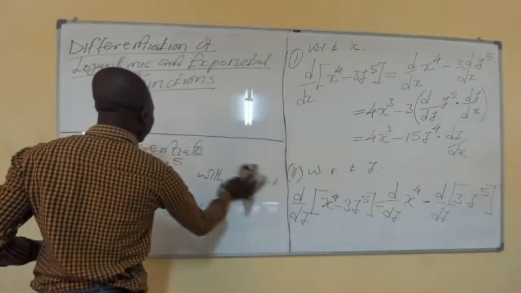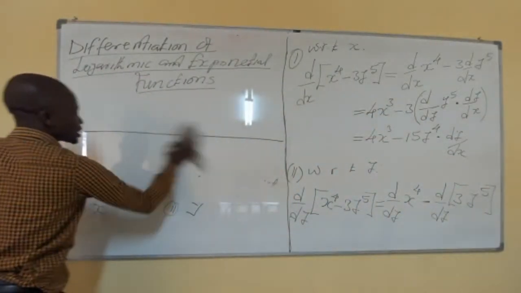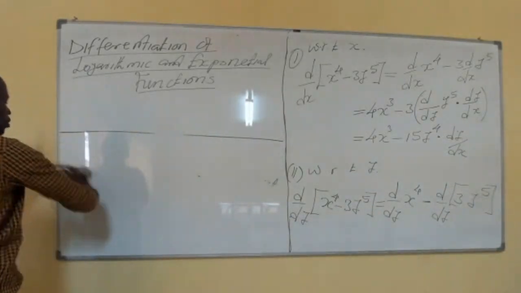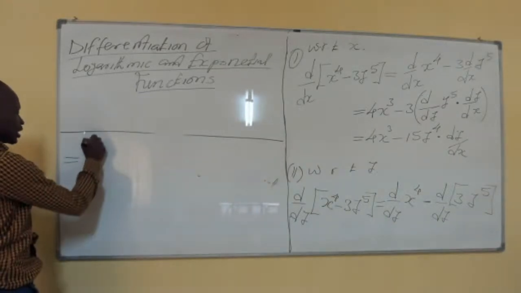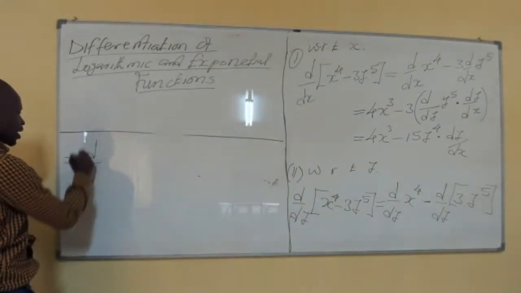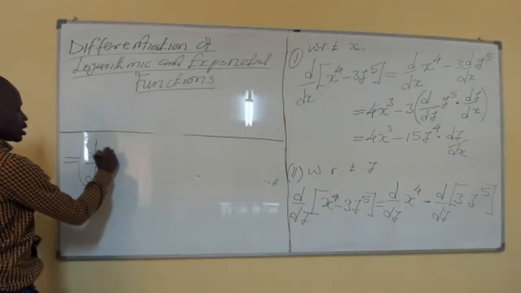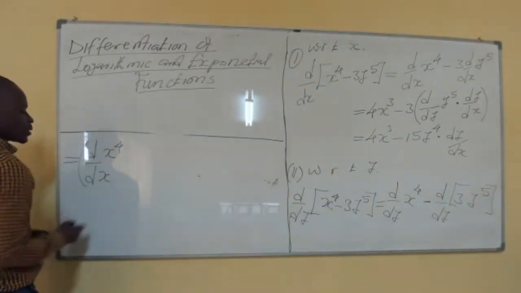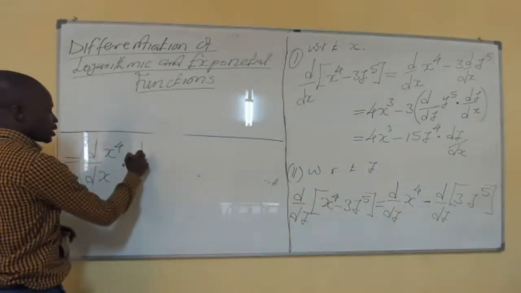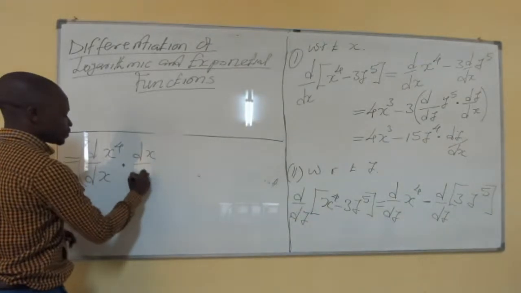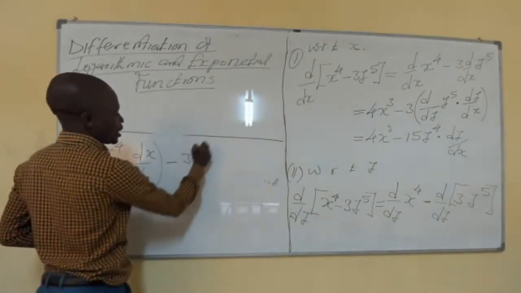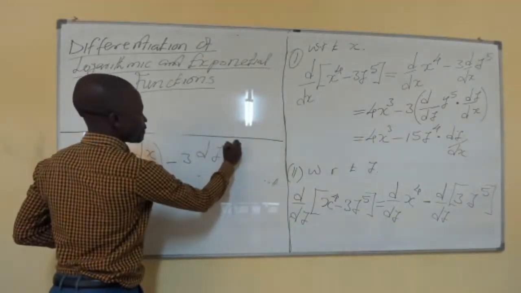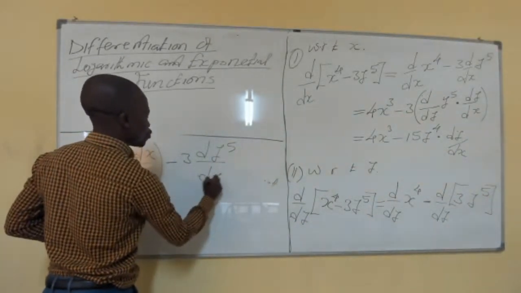So this now will be equal to the derivative of x^4 with respect to x, multiplied by the derivative of x with respect to y. Then the other part, by 3, the derivative of y^5 with respect to y.